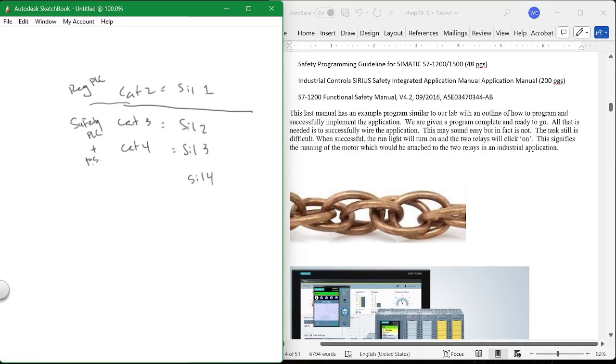Now, what does safety look like? Well, it looks like a double link chain. So every step of the way, you have 2 links, okay? Every step of the way, you have 2 links on the input, 2 links in the PLC program, and 2 links in the output. So that every part of this has to agree, okay?